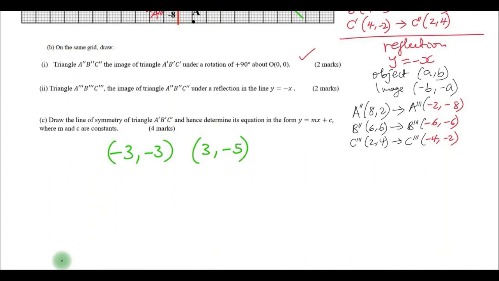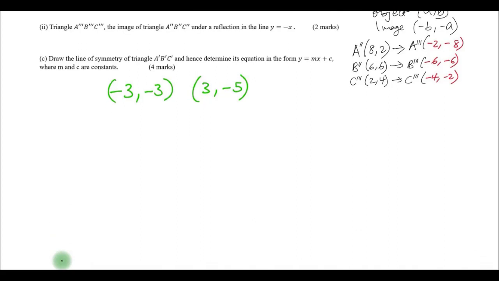So I can get its equation in the form y equals mx plus a constant, and in that case, let us get the gradient, change in y over change in x. So this will be -3 minus -5 all over -3 minus 3. We get -3 plus 5, which is 2, over -6, therefore minus a third.